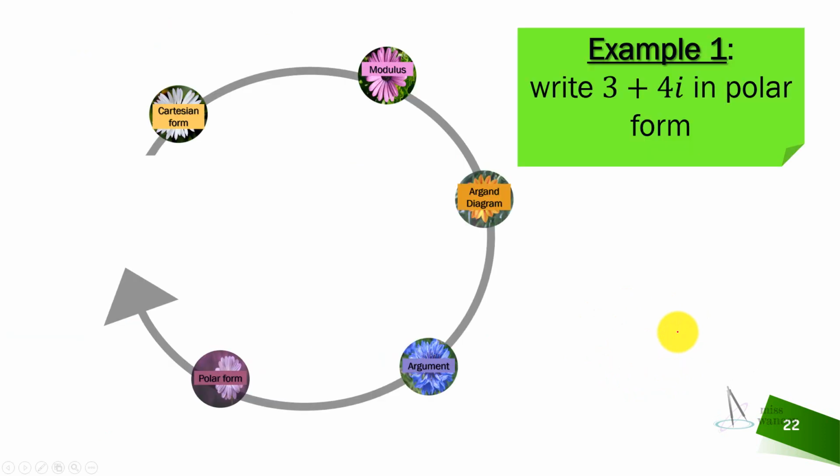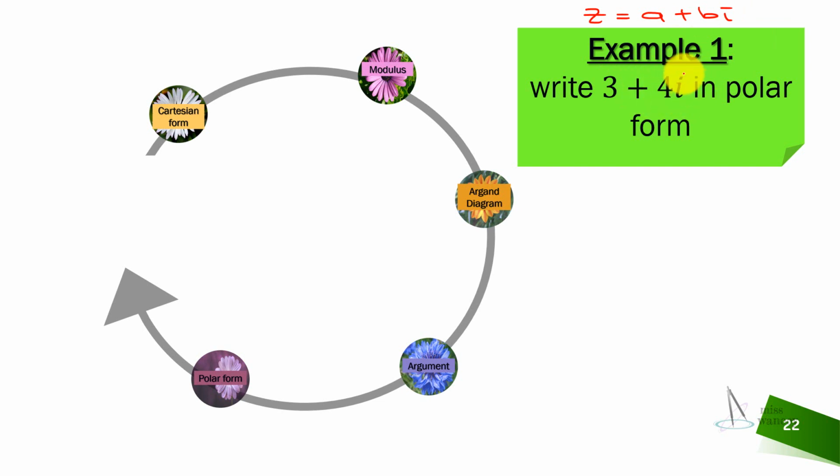For example, if we want to write 3 plus 4i in polar form, the first thing you have to check is whether it is in Cartesian form or not. Obviously 3 plus 4i is similar to the Cartesian form z equals a plus bi.